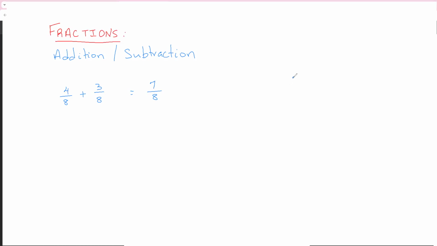Similarly, if we have subtraction, such as 7 tenths minus 1 tenth, our denominator will stay the same. And we could just subtract the numerator. 7 minus 1, that's 6. 6 and 10, they belong to the same timetable.